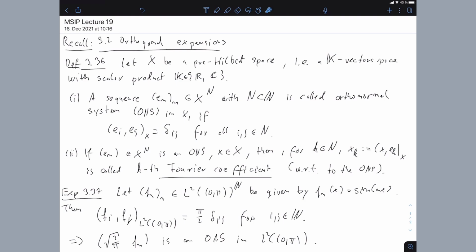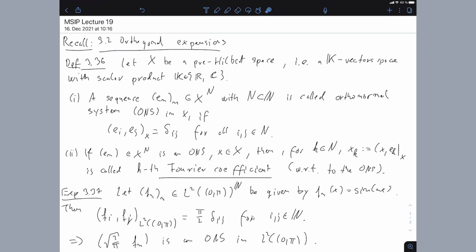In a nutshell, the idea is to represent our objects, our functions, our images, as a linear combination of some basis. These basis elements we call e_i, but we don't look at arbitrary bases.